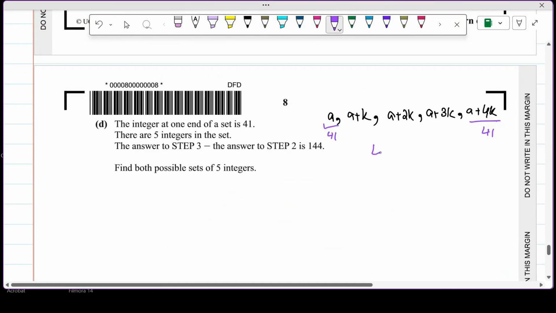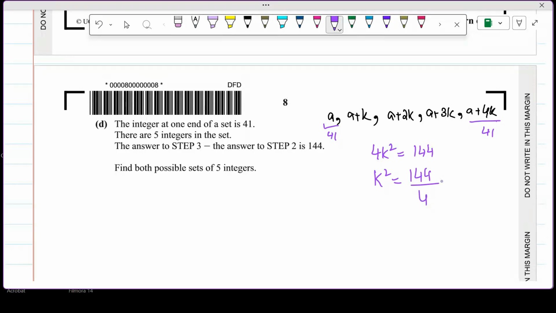So in this case, 4k square will be equal to 144. We know that k is the increment, so we need to find the value of k. So k square is equal to 144 over 4, which is equal to 36. So k is equal to 6.